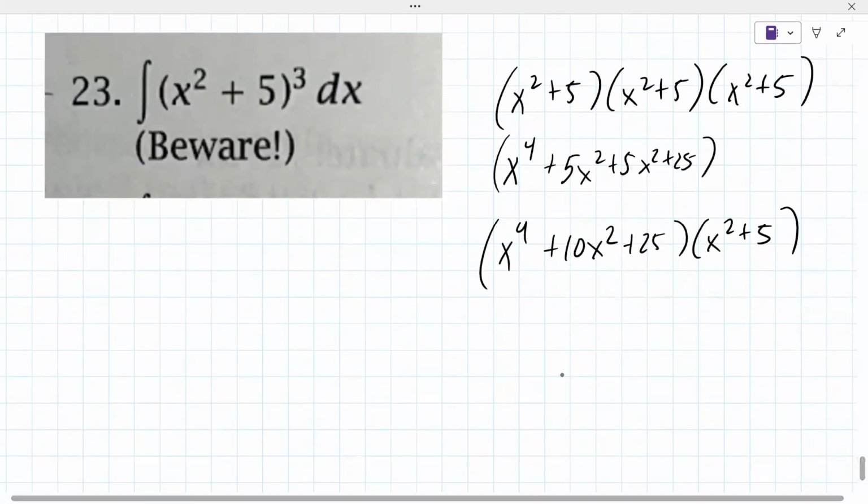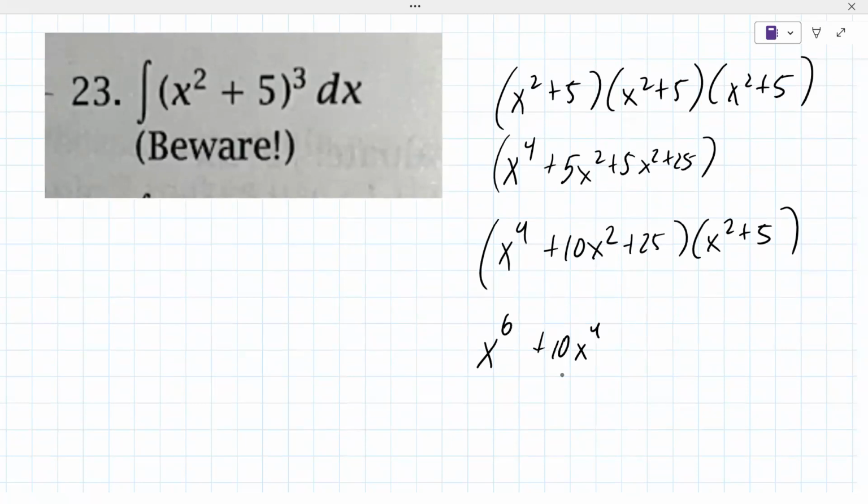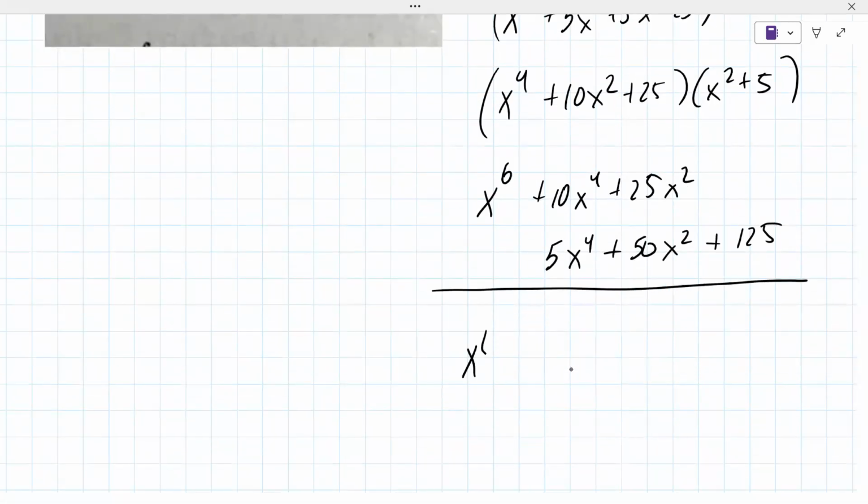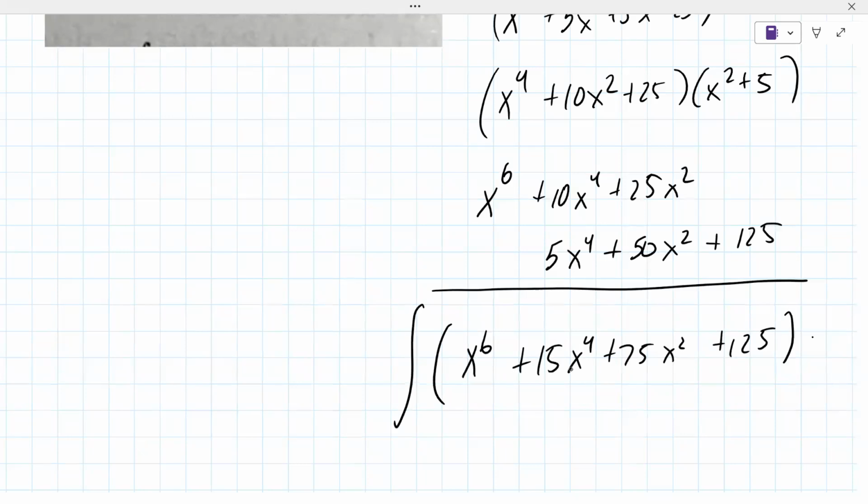It's pretty exciting, I know. x to the sixth plus 10x to the fourth plus 25x squared, 5x to the fourth, 50x squared plus 125. Oh my god. You did this in a previous course. Yeah, I know, but I hate doing it. Even if you don't remember, you still did it. So this is what you're integrating.